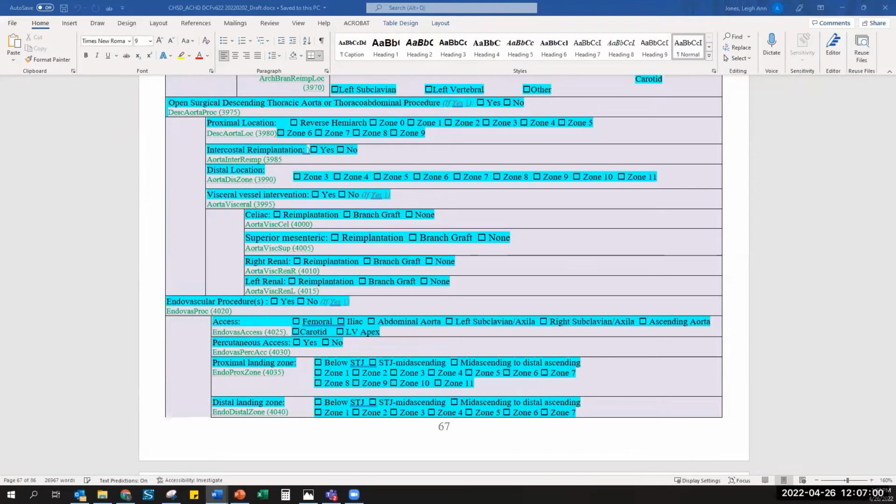And then for each one of those vessels, it asks you what type of intervention was done. So, for example, if they did the superior mesenteric, did they reimplant this? Did they put a branch graft on this? Or did they do no intervention to this vessel? And so each one of them, the same questions as you're going through.